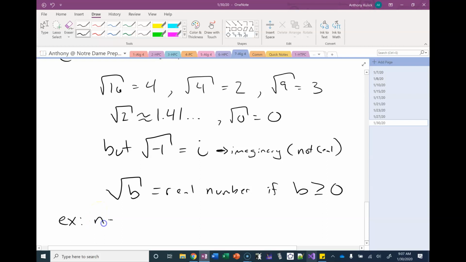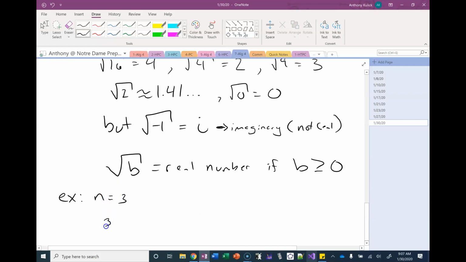What about now looking at cube roots? Let's look at the next situation. So you saw earlier the cube root of 8 was equal to 2. We gave that as one of our examples just a moment ago. What are some other numbers that we can take cube roots of? 27.